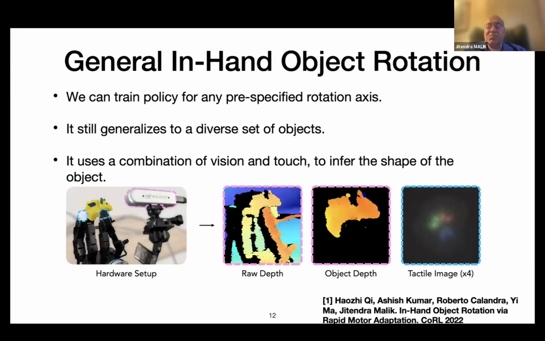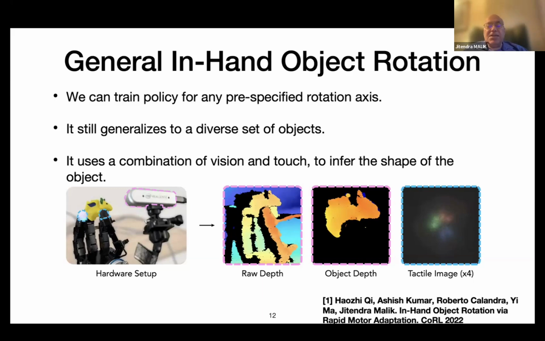These are vision-based tactile sensors, and they give you much more delicate information about where the object is touching the fingers. This is an Allegro hand. So the first key innovation is to improve the sensing.